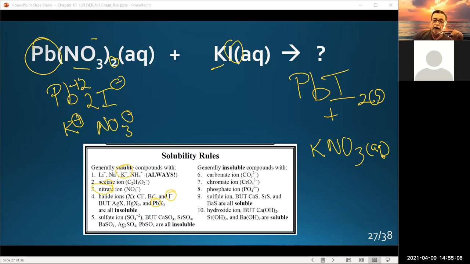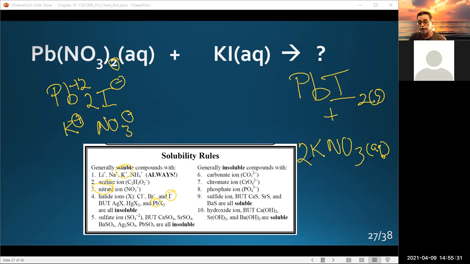All right. Now, we got that set up. Let me clear this up a little bit here. Too much mess. Now what we do is we balance it. Well, in this example, I stated follow the polyatomic ions. Okay. We got 2 of them over here. It's a reactant. So guess what?